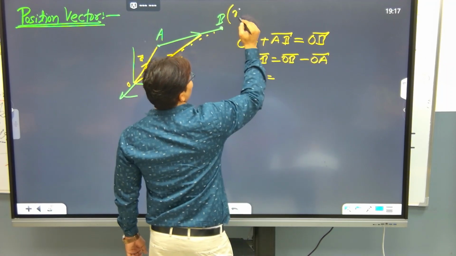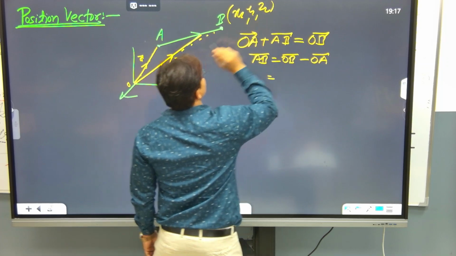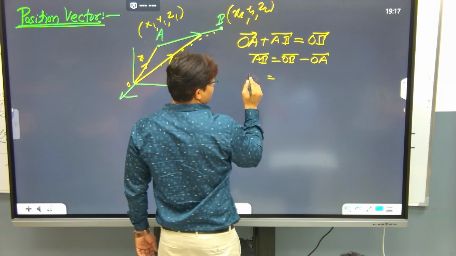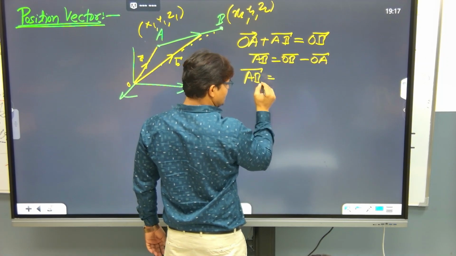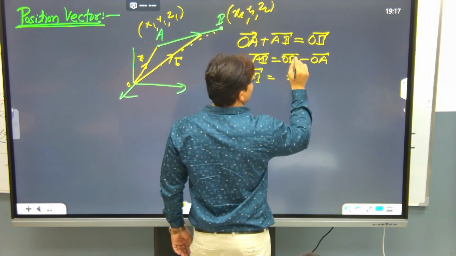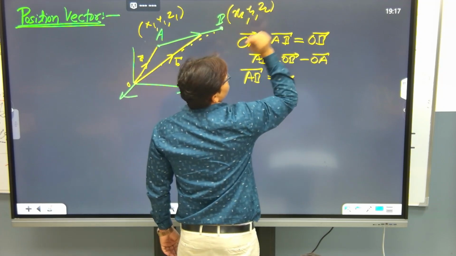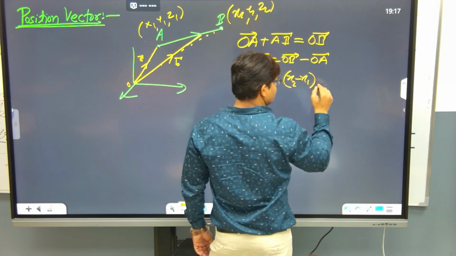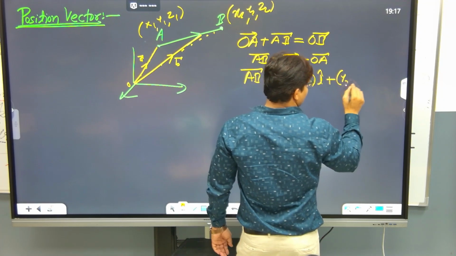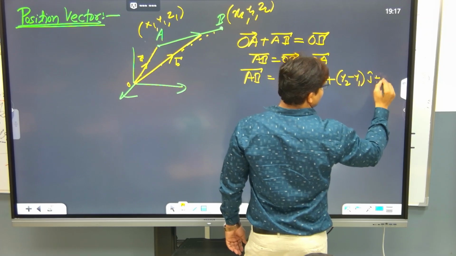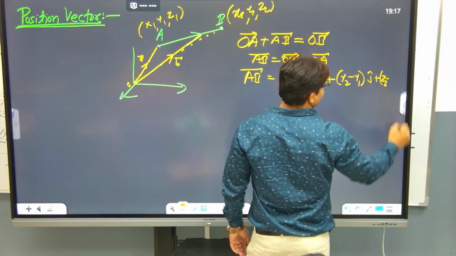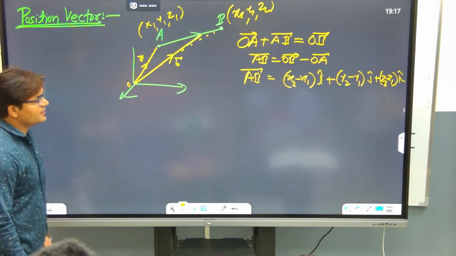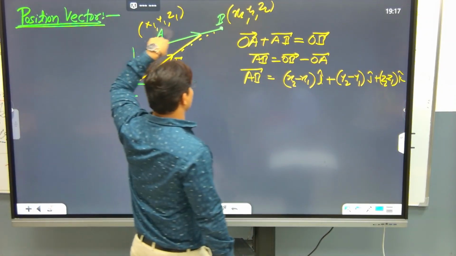If B vector is given by x2, y2, z2 and A vector is given by x1, y1, z1, so the vector AB is what? Position vector of B minus this one. So OB vector is x2 i cap, y2 j cap, z2 k cap, minus x1 i, y1 j, z1 k. Directly I am writing x2 minus x1 of i cap plus y2 minus y1 of j cap plus z2 minus z1 of k cap. This is AB vector.